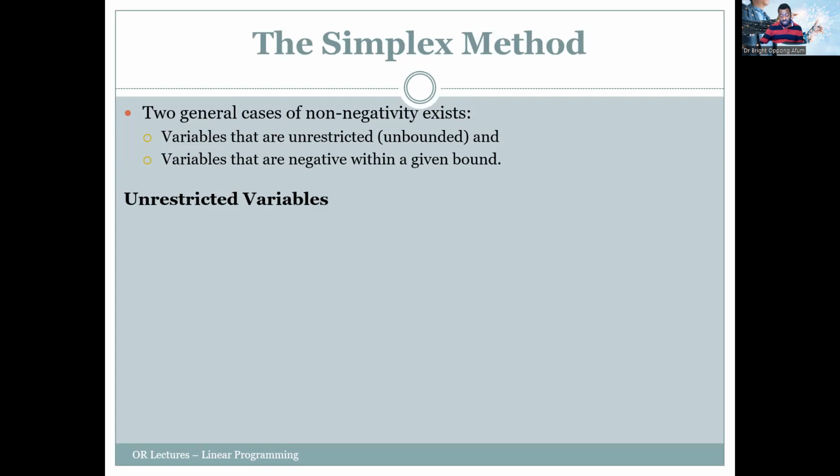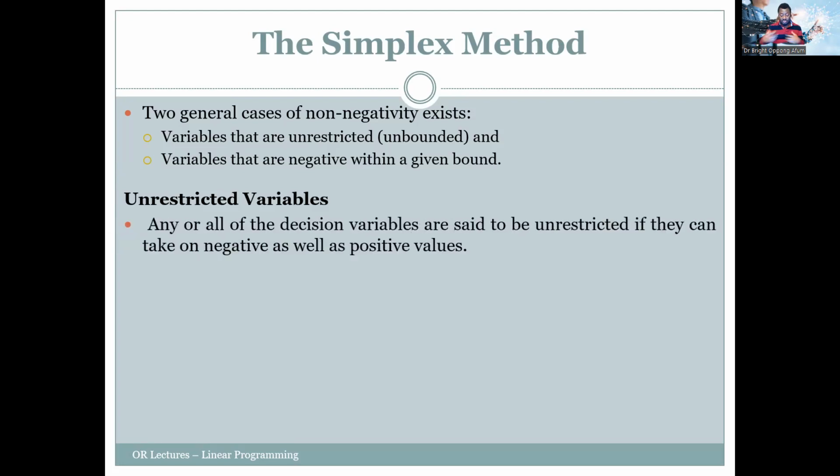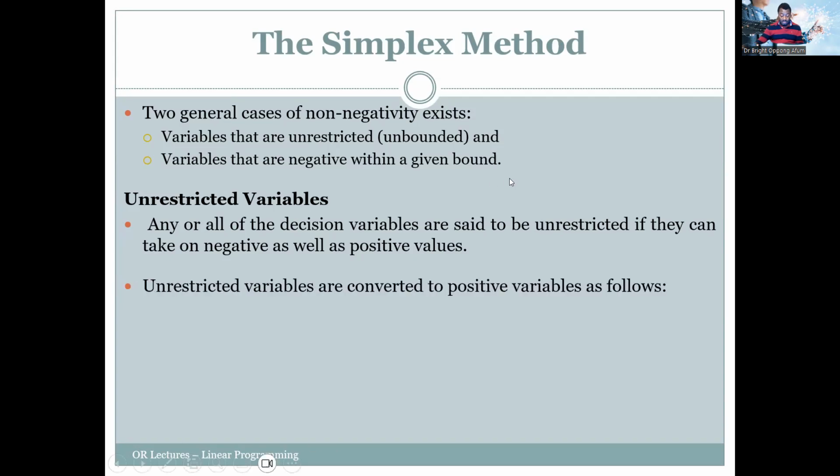So how do we treat unrestricted variables? When we have unrestricted variables, it means that either all of the decision variables or some of them are said to be unrestricted, and they can take on negative as well as positive values.